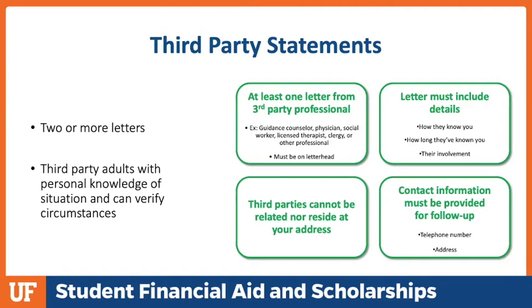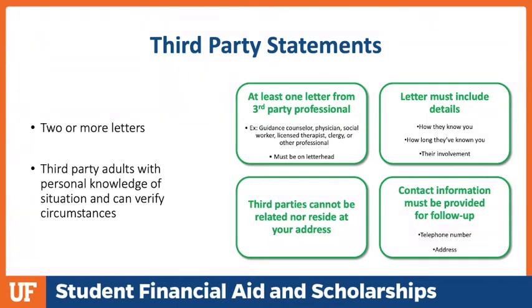So you would want to have at least 1 letter from a third-party professional, like a guidance counselor, physician, social worker, licensed therapist, clergy, or other professional. In your letter, you want to make sure that the details included are how that person knows you, how long they've known you, and their involvement with your situation.